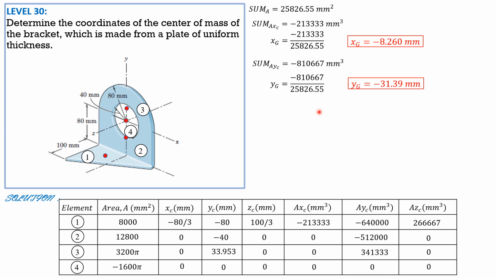So finally, for sum of A z, so there's no other value, 266,667 mm cube, then zg is 266,667 over 25,826.55. So zg is equal to 10.33 mm. So that's it for this problem.